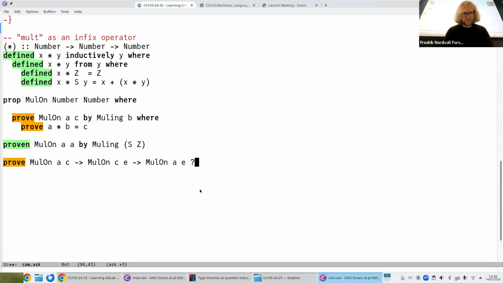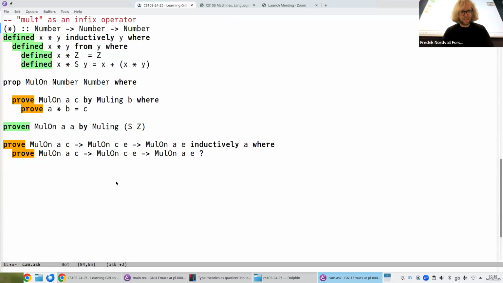Let's see if we can do this one. So here we could think, do we need to do this by induction on anything? Well, hopefully not, right? But it doesn't hurt to say inductively A, just in case.